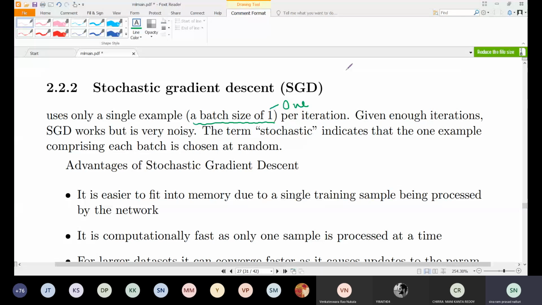సో ట్రైనింగ్ సెట్లో ఎగ్జాంపుల్స్ ఉన్నాయి కదా, 1 2 3 సో ఆన్. మీకు 100 పర్సన్స్ది ఆల్రెడీ వాళ్ళ ఏజ్ నోట్ చేశారు. You have noted down their age and you have also measured their BP with the help of a BP measuring operator. So you know the input value and you know the target value.